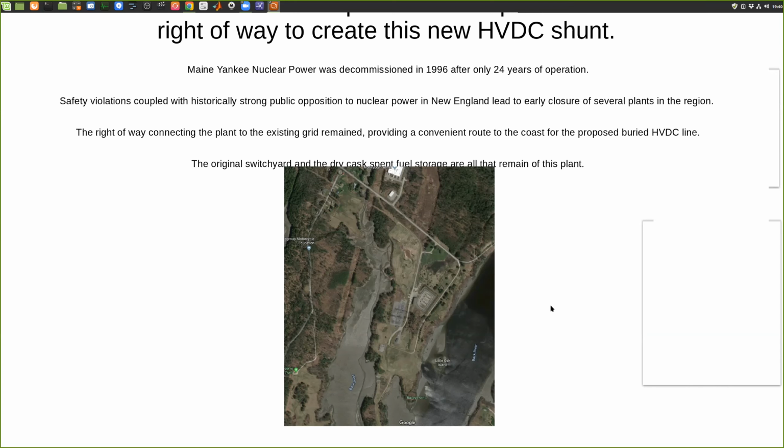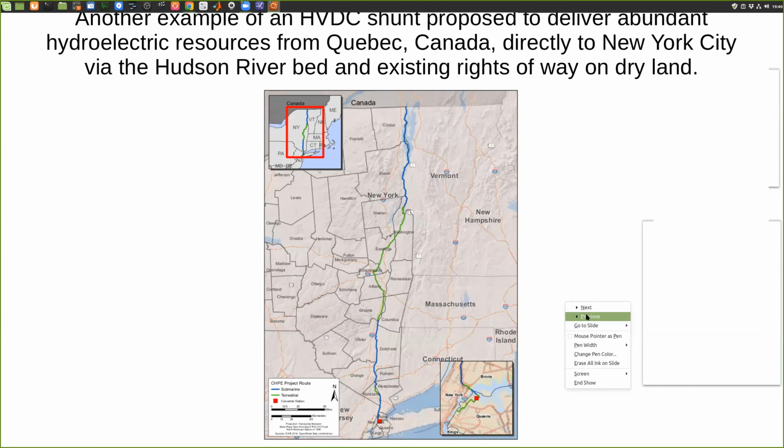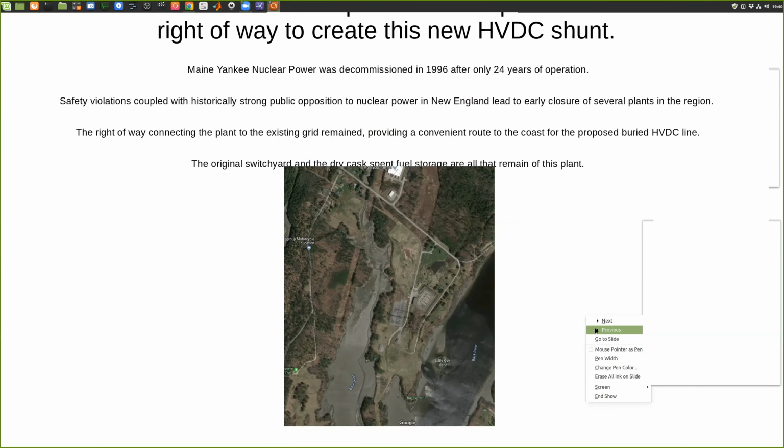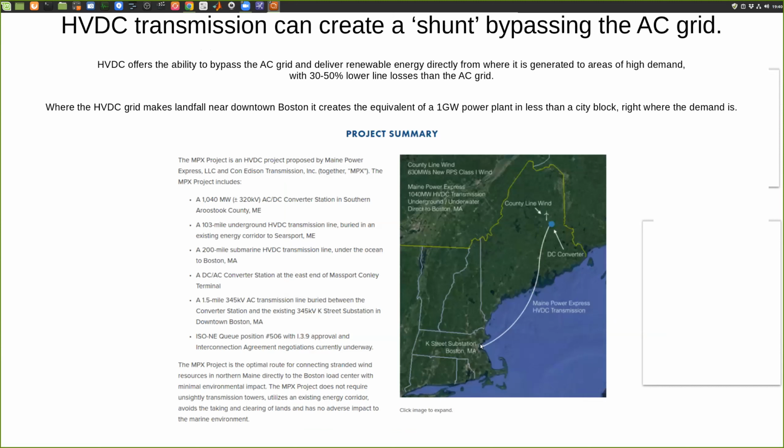And where it makes landfall in Boston, right in the harbor, they take more stranded assets. There used to be a large fossil thermal power plant in South Boston, and it's got its accompanying switch yards and substation, etc., that are all just sitting there now.